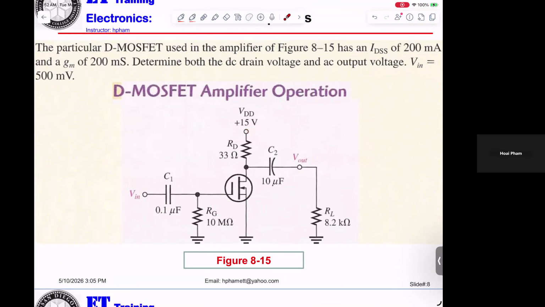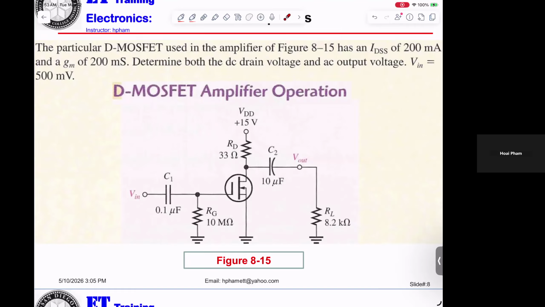So you get big RD and also RL in parallel, and that will be the output impedance. Normally it depends on the textbook.